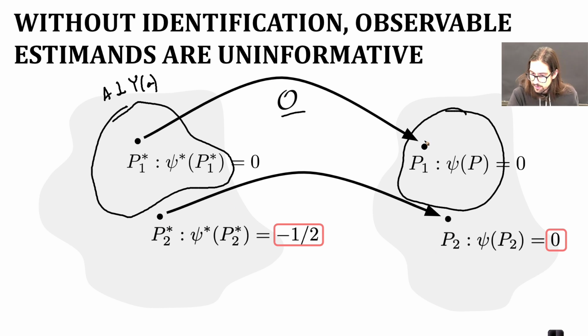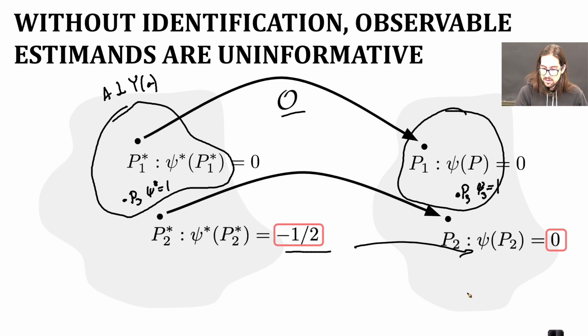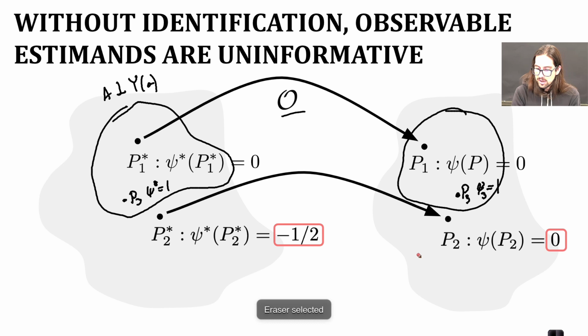And what we're saying is that for any distribution here, let's say this is P3, if the naive ATE of this is equal to 1, then the true causal ATE is also equal to 1 over here. So you don't have this case where something is 1/2 and then it maps to something that's 0. It just rules those all out. So we don't get these weird collisions where we think something is going on when it's really not. So that is the role of identifying assumptions and the way that you can think about it graphically.